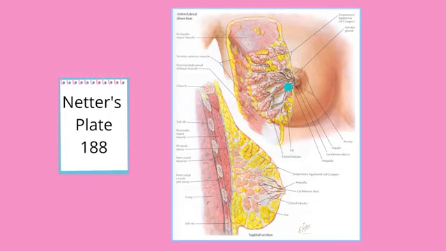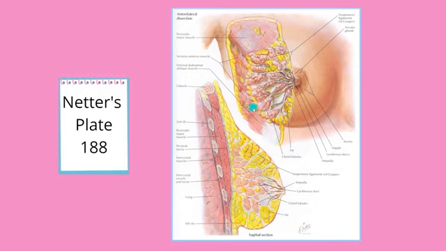Now, the base of the nipple is surrounded by this colored area of skin that has small elevations on it, and we call this the areola. The small elevations are called areolar tubercles, and they're caused by glands that lie below. You can also see in this photo little separations between each gland.